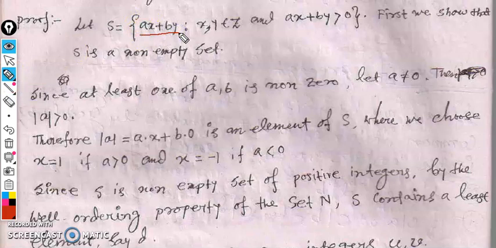The way of representation ax plus by may be different, but the least element, the greatest common divisor, is unique, while the combination of a and b is not unique. That is all for this lecture, and happy learning.